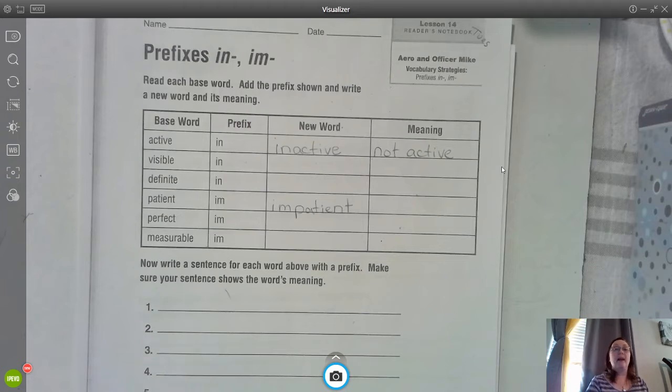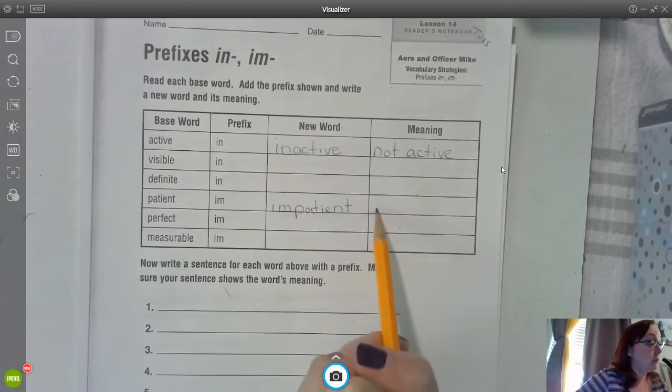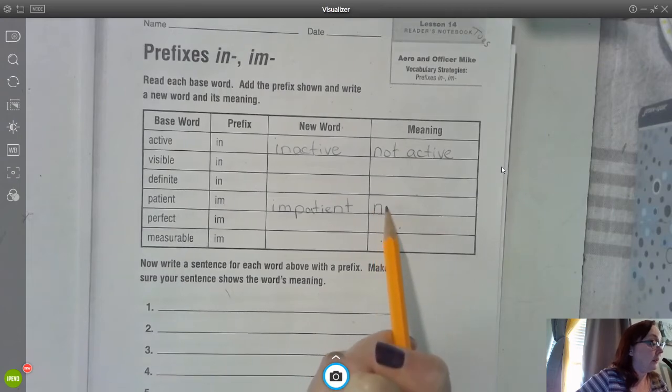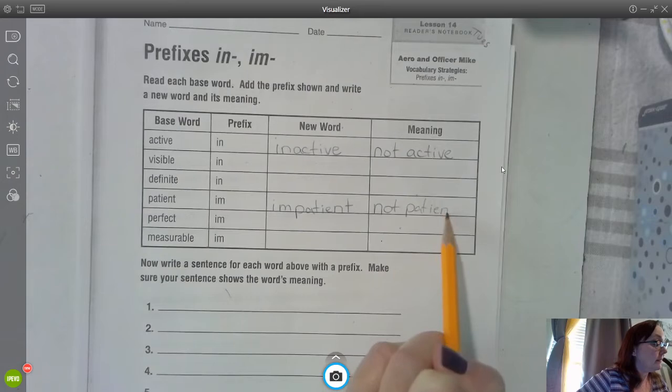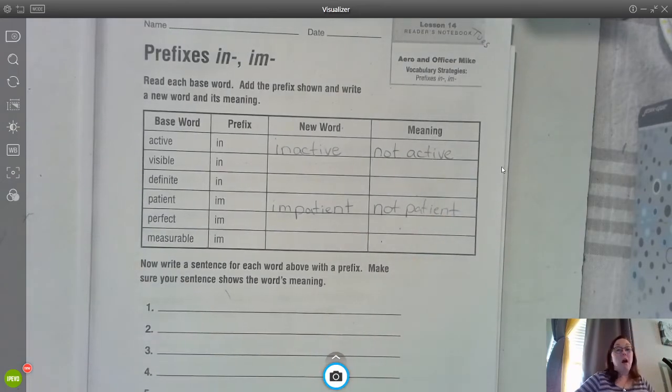We know what it means to have patience, right? So what does it mean to be impatient? Sometimes we get impatient when we're waiting for dinner, when we're really hungry. Not patient at all, right? Not patient. You're in a hurry.